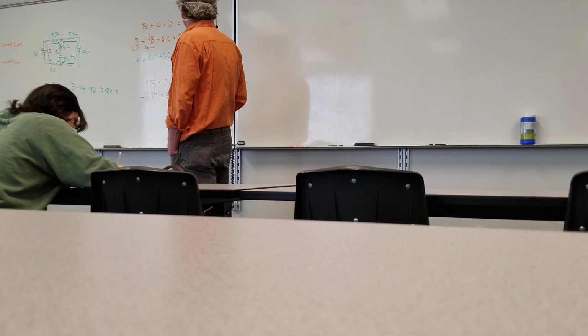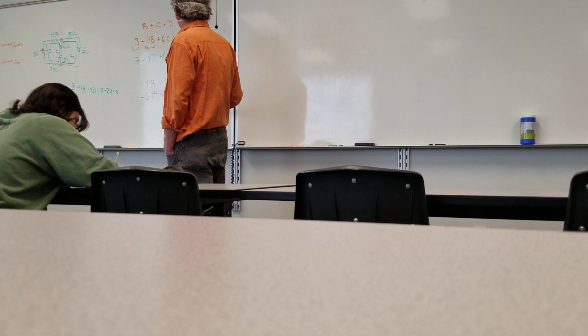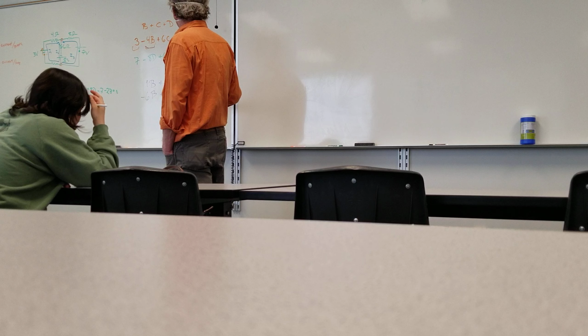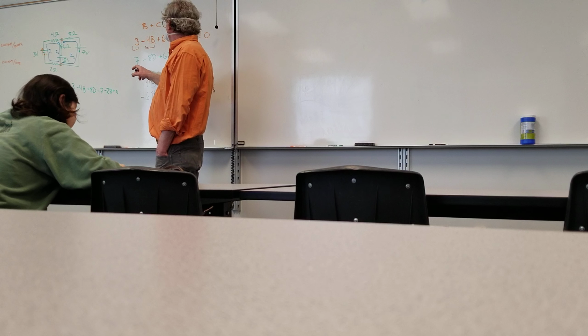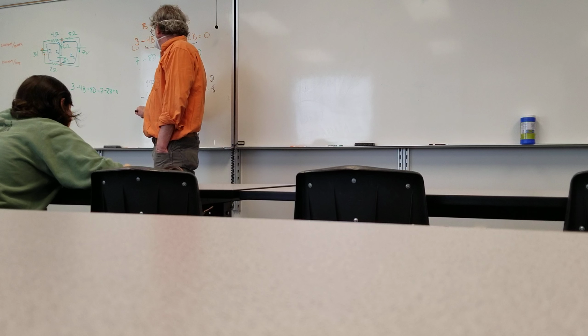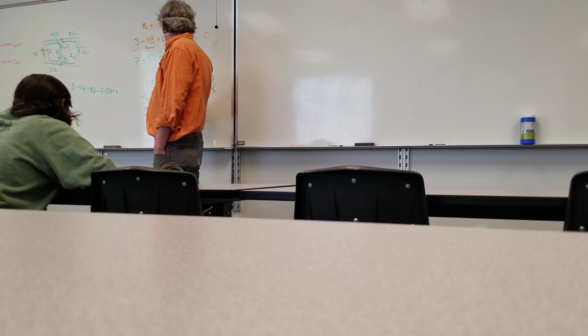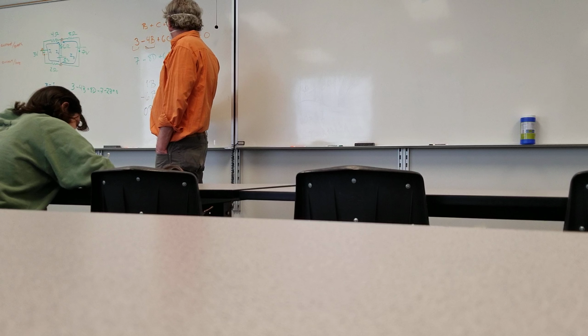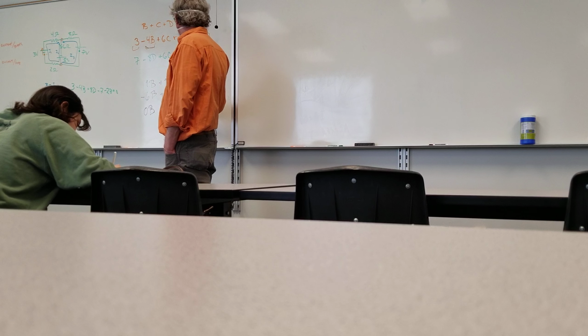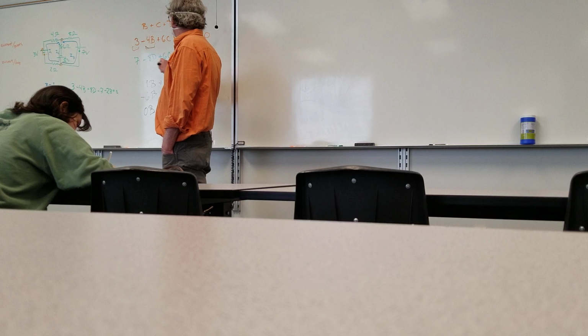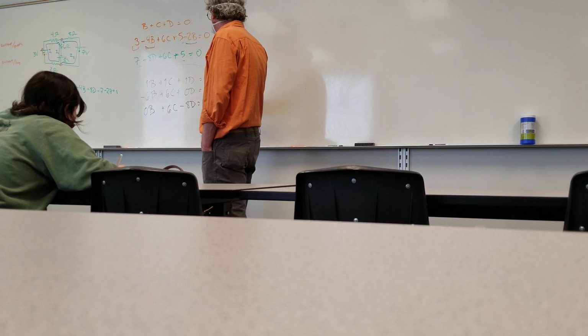One minus sign in the wrong spot, and it all gets messed up. All right, so now this last one, I have no B's. I have plus 6C minus 8D equals, that's 12, so negative 12.